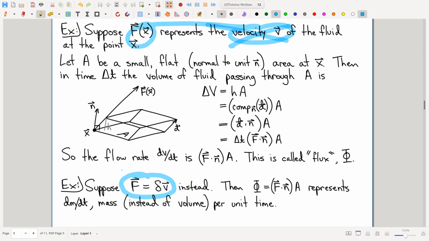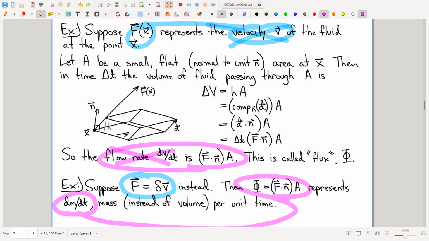The claim then is that instead of the flow rate being volume per unit time, it will be quantity, mass for example, per unit time. That flux computes for you.